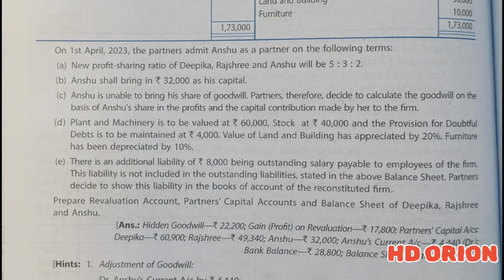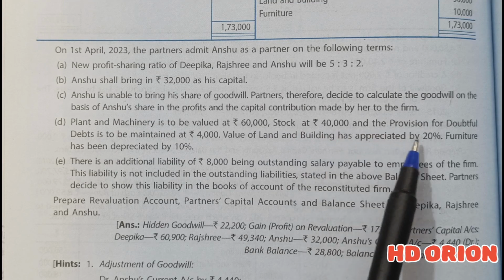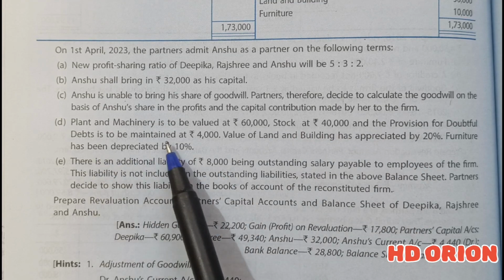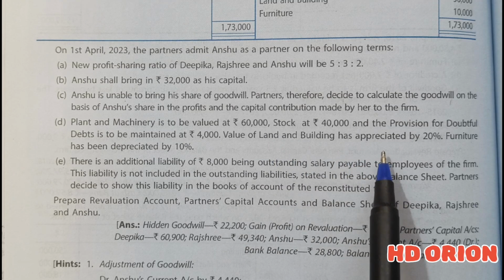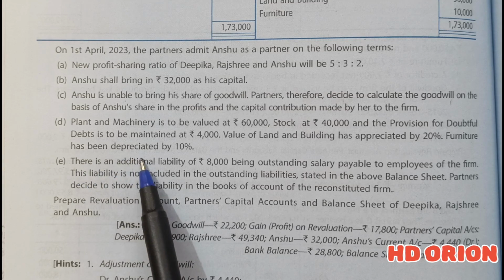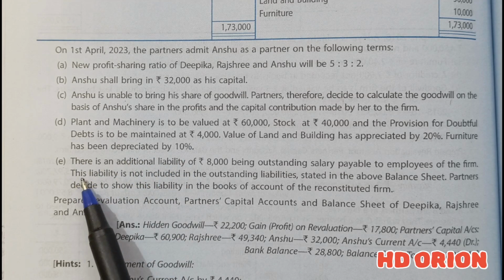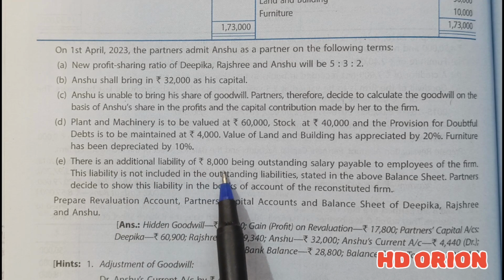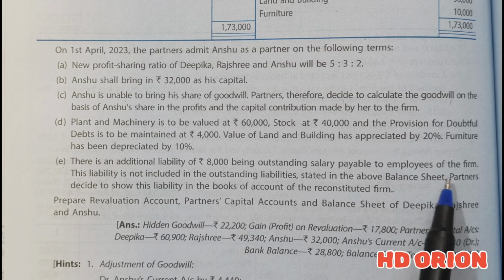Plant and machinery is to be valued at rupees 60,000, stock at rupees 40,000 and provision for doubtful debts to be made at rupees 4,000. Value of land and building has appreciated by 20%. Furniture has been depreciated by 10%. Then there is an additional liability of rupees 8,000 being outstanding salary payable to employees of the firm.